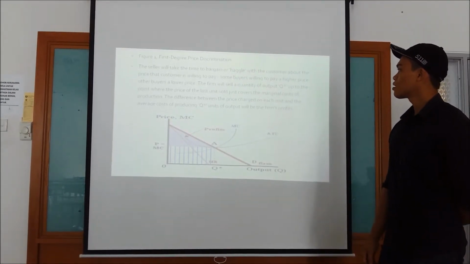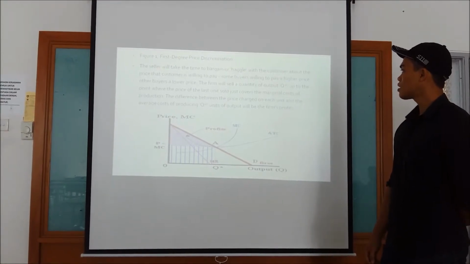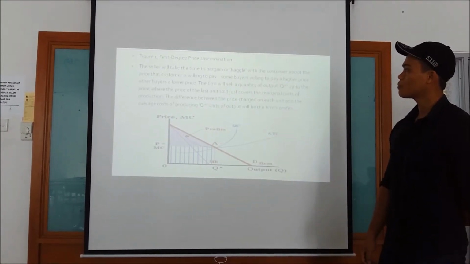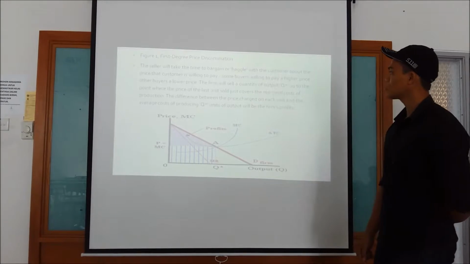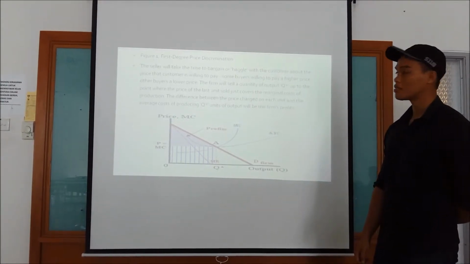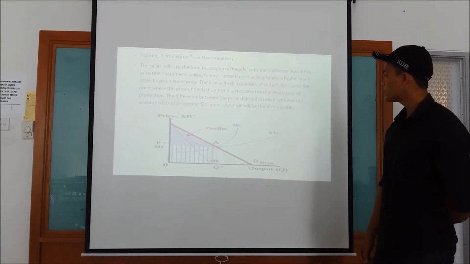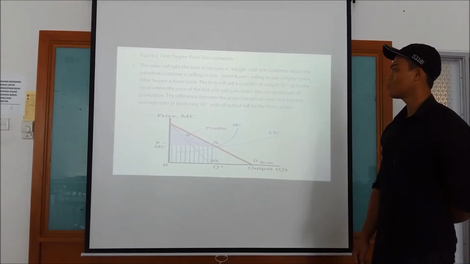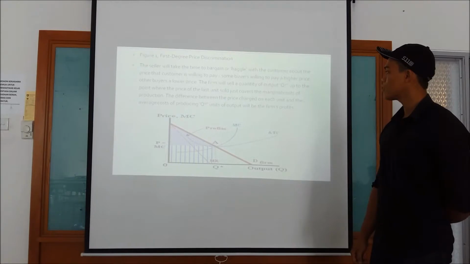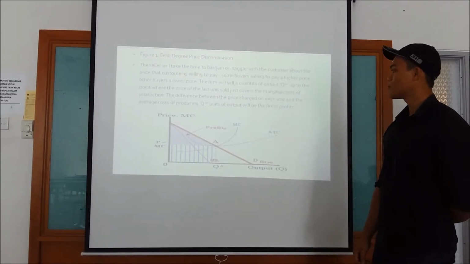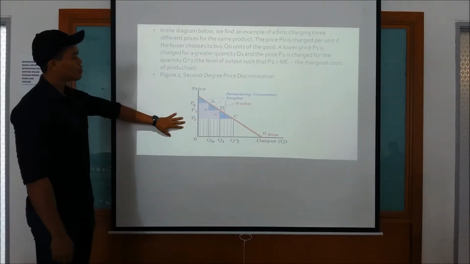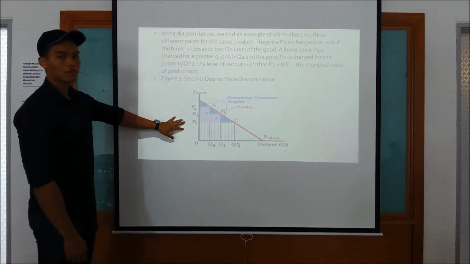The firm will sell a quantity of output, which is Q star, up to the point where the price of the last unit sold just covers the marginal cost of production. The difference between the price charged on each unit and the average cost of producing Q star units of output will be the firm's profits.